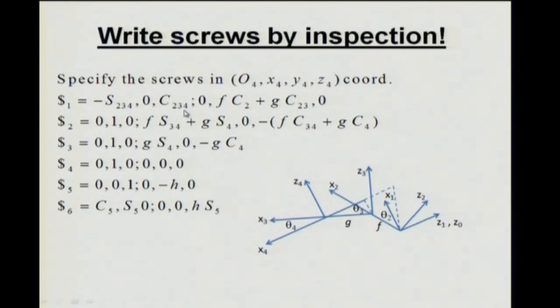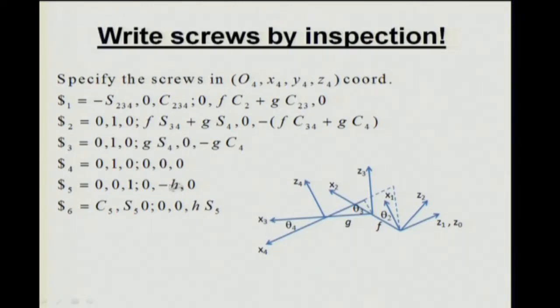Just go back, draw it, sketch it out and do it, and you can show that Z2 intersects both x4 and z4, so no moments about them. It does not intersect y4, so there will be a moment which you can compute as f c2 plus g c23. Just do the plane geometry.